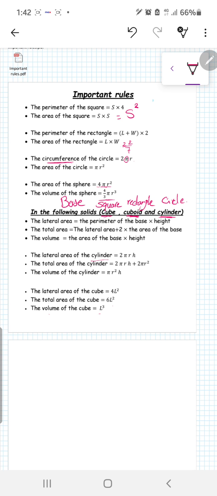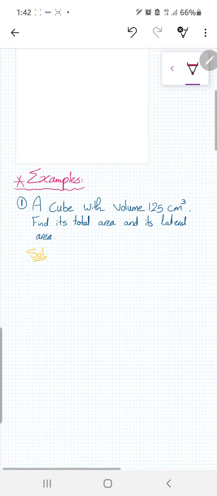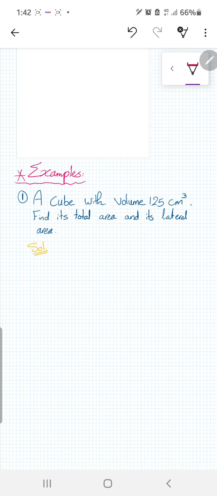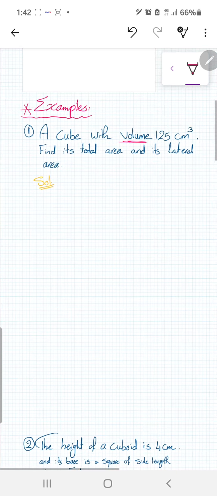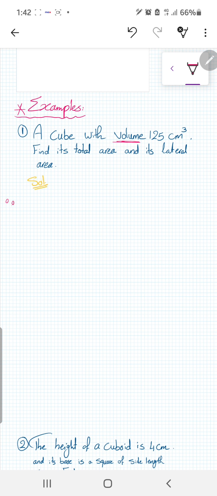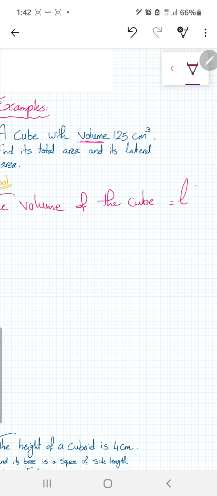Okay, let's take some examples. Number 1, a cube with volume 125 centimeter cubed. Before we get the unknown or the total area or the lateral area, first in any example write the rule. Here we talk about the volume, so first write the rule of the volume of the cube, which is L power 3.